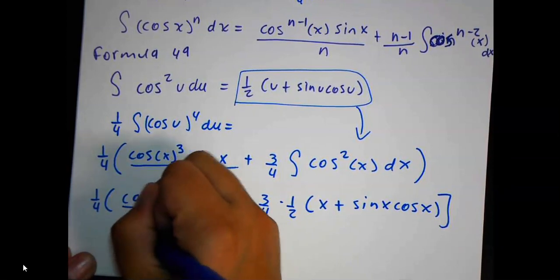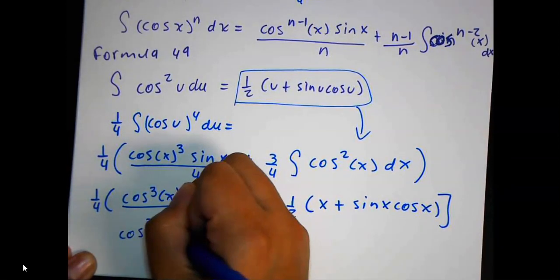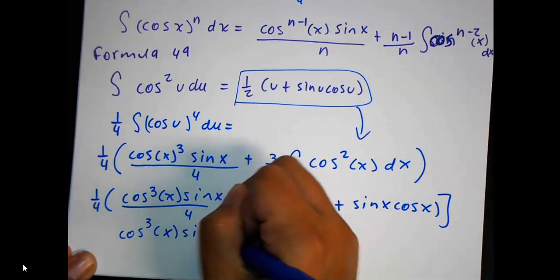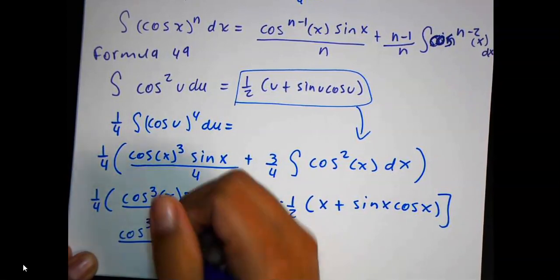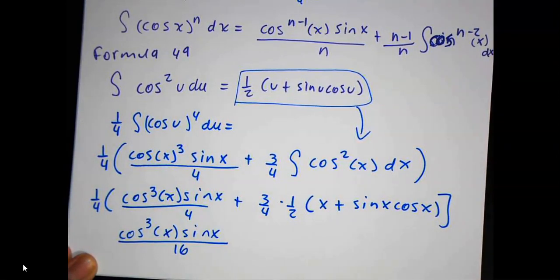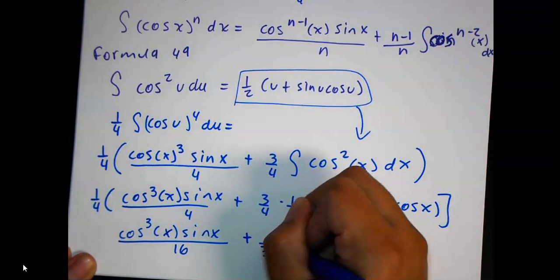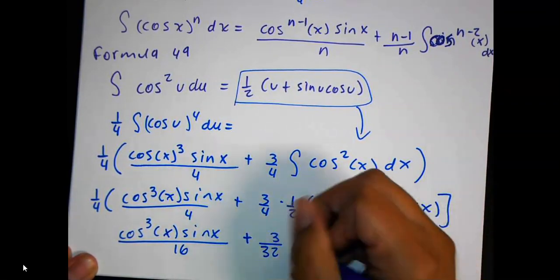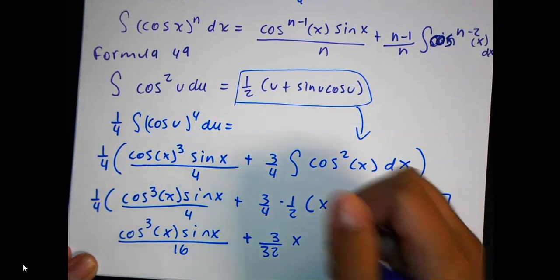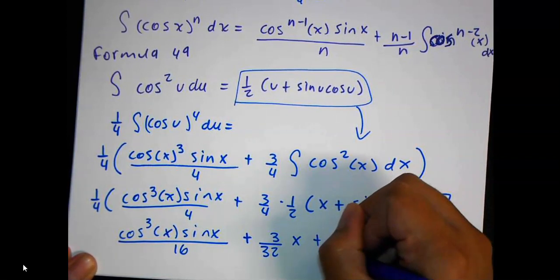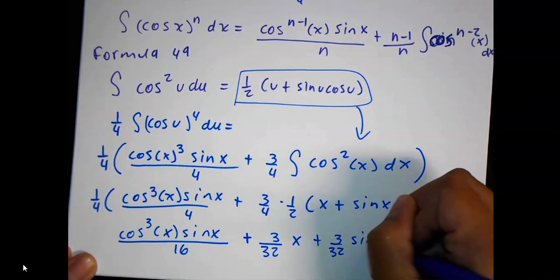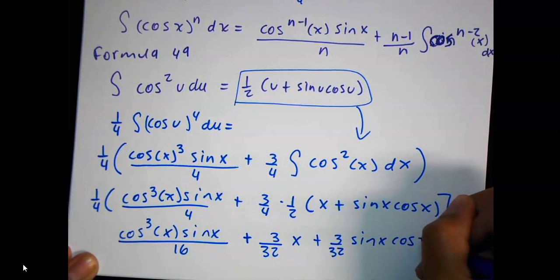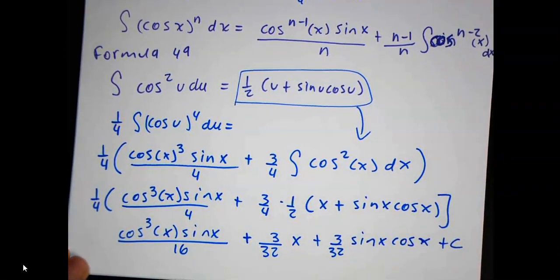So I'm going to have cosine cubed x sine x over 4 times 4, 16. Plus, I'm going to multiply the 4 times 2 is 8 times 4, 32, times this x and distribute that right here. So 3 over 32 x plus sine x cosine x plus c. And we are done.